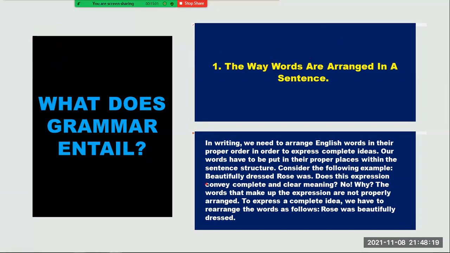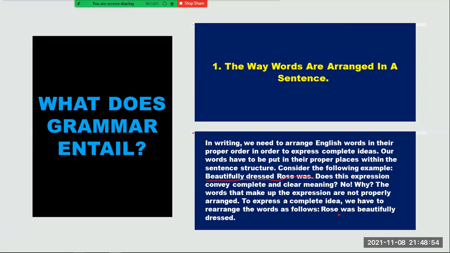So when we look at this particular expression, "Beautifully dressed Rose was", it doesn't convey complete meaning. Why? It doesn't convey complete meaning because the words that make up the expression are not properly arranged. So this shows that for us to express a complete idea, we have to arrange words in a proper order. All right.